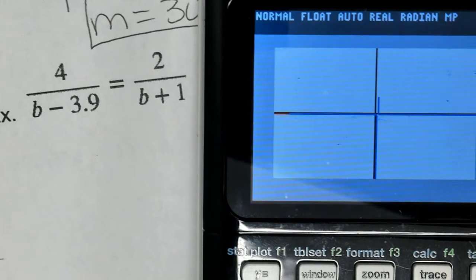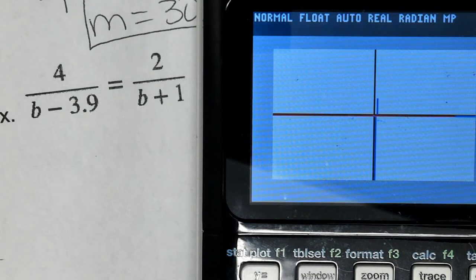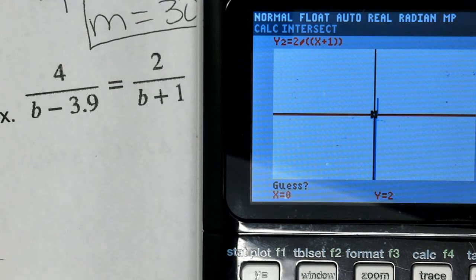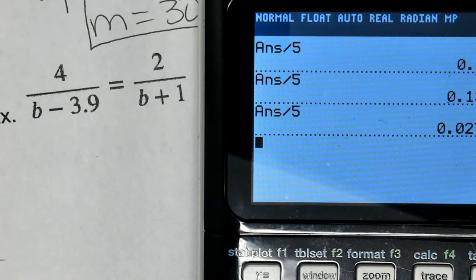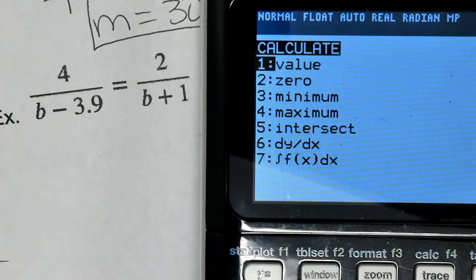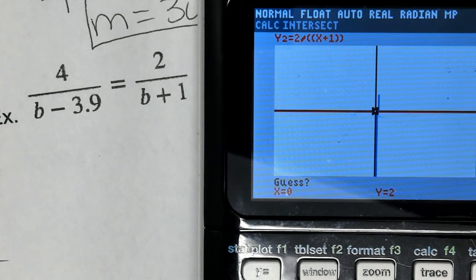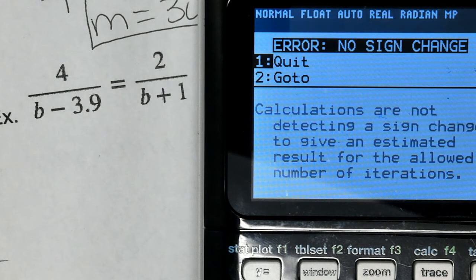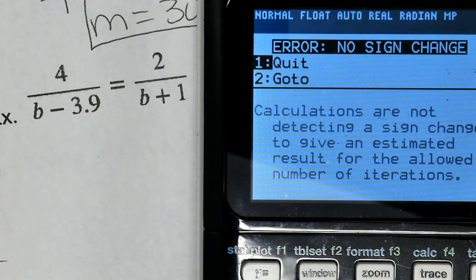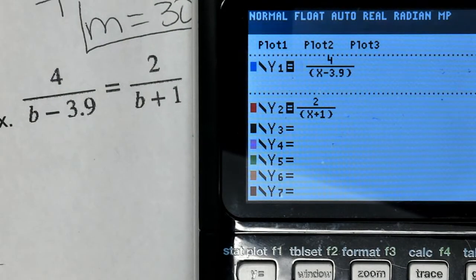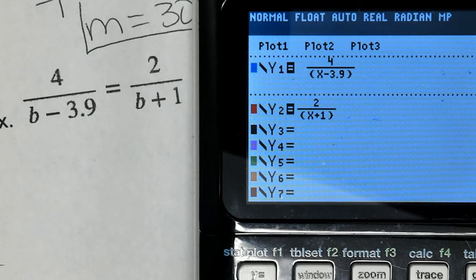It's because when it's graphing it wrong. I didn't even get to see the error code. No sign change. I did put in a sign change. 4 over.